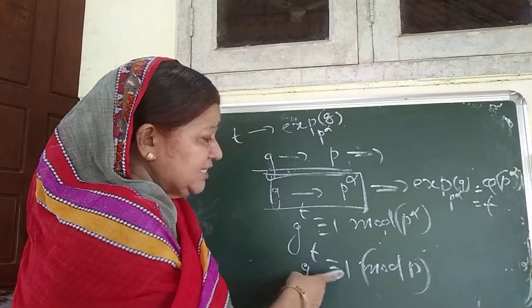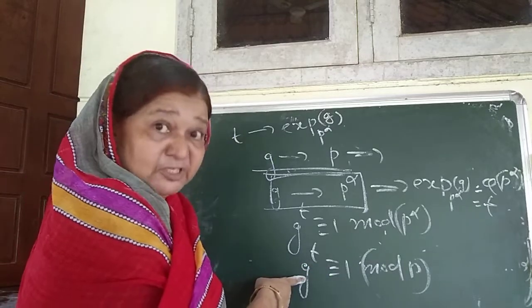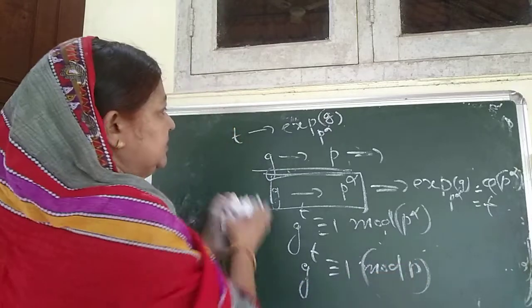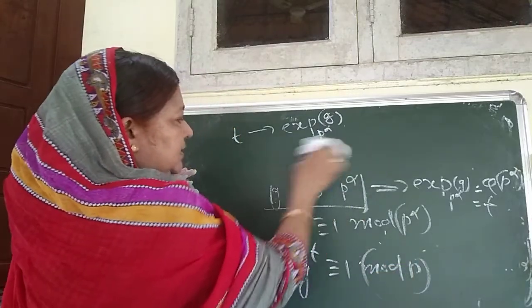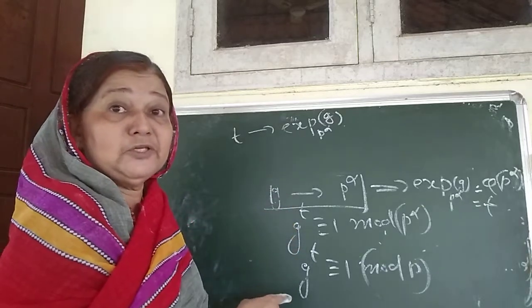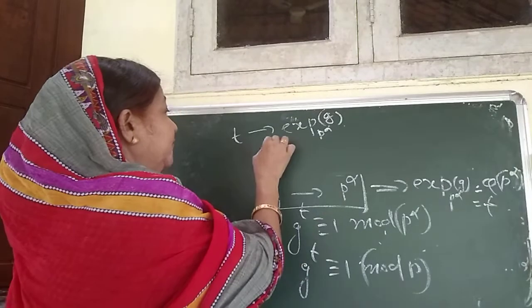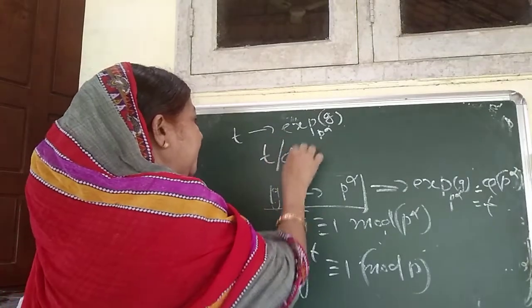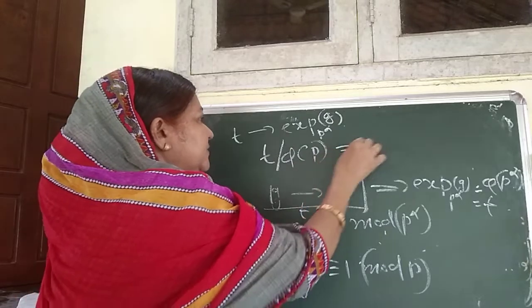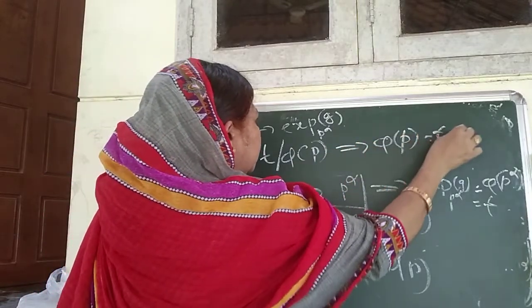But since g raised to t is 1 mod p and g is the primitive root, the exponent of g is phi p, the least divisor. Therefore, t divides phi p. That gives phi p equal to, say, t.